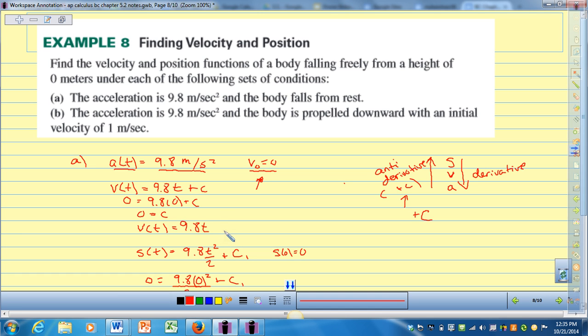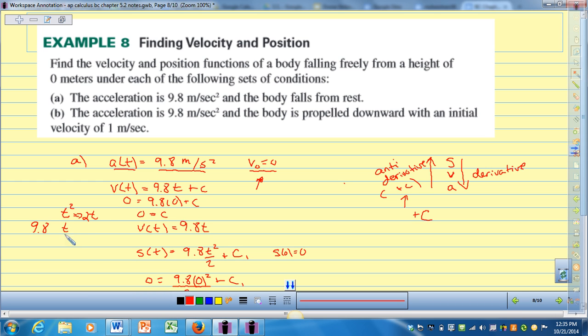Well, the problem asks us for a position function. So we have to go through that process one more time. So now I have to think about, if I ended up with 9.8t as my derivative, what did I start with? Well, we know that if we take the derivative of t squared, a quadratic, it gives us 2t.